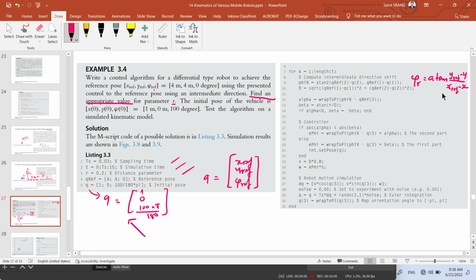But here, instead of arctan, MATLAB code also has arctan2, which gives the angle in all four quadrants. If we use just arctan like this, the returned function will be in the first quadrant only.